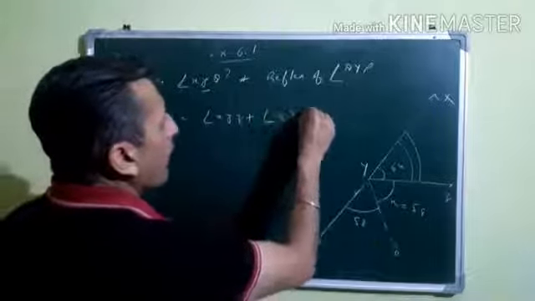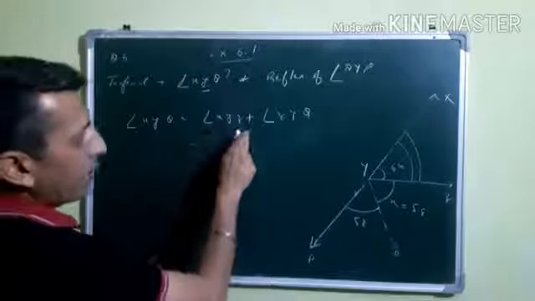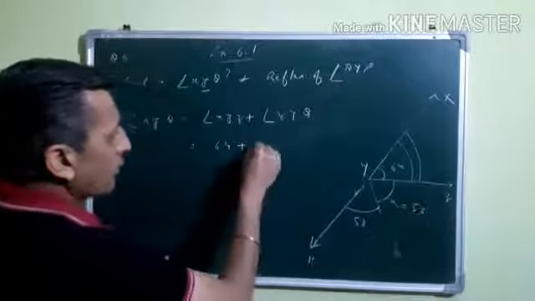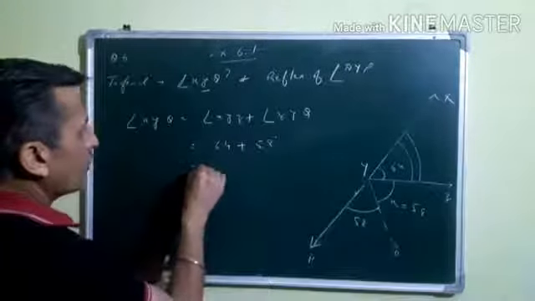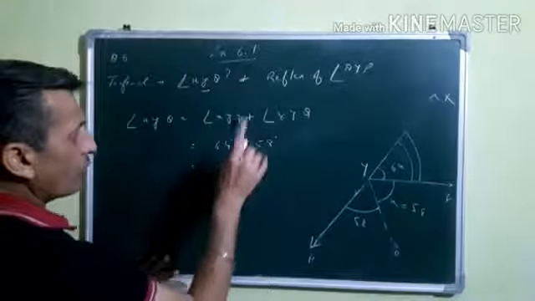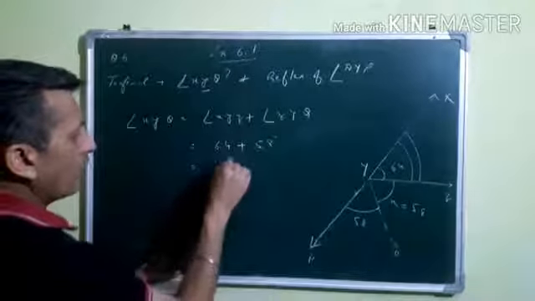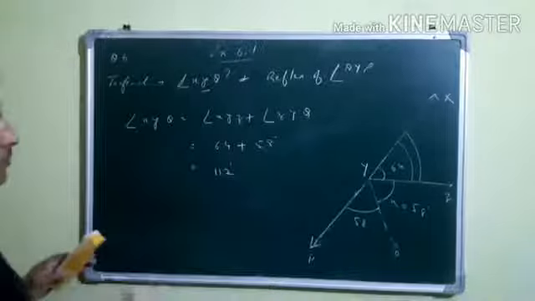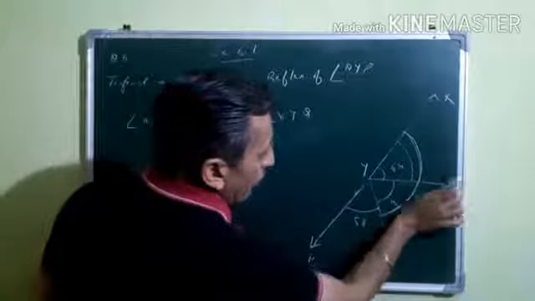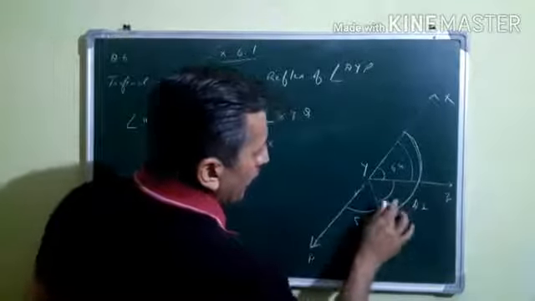XYZ is given, that's 64 degrees, and ZYQ is 58 degrees. So that becomes 112. 8 plus 4, that's 12. 1 is left, so that gives 112 degrees. So this angle will be known. So this is equal to your 112 degrees.